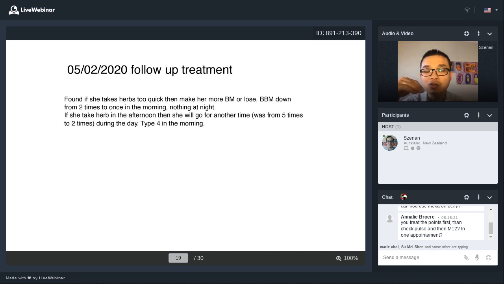If she continues taking the herbs in the afternoon, she gets more bowel motion, they actually loosen. So she thinks there's something in the herbs that in the afternoon doesn't agree with her. If she takes herbs in the afternoon, she will go another time during the day, still type 4 in the morning.